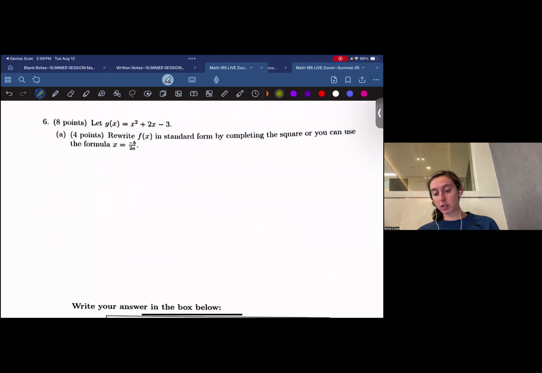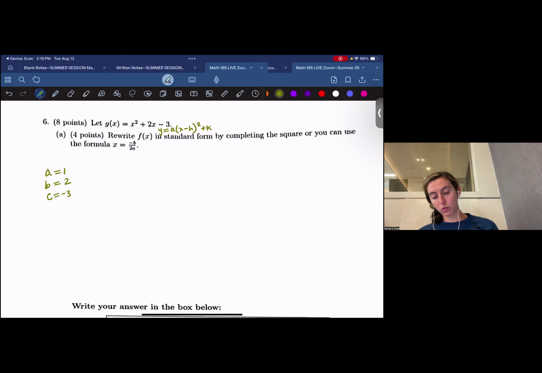Standard form is just another way of putting it into our vertex form, a in parentheses, x minus h, close parentheses squared, plus k. And so our a here is 1, our b is 2, our c is negative 3.